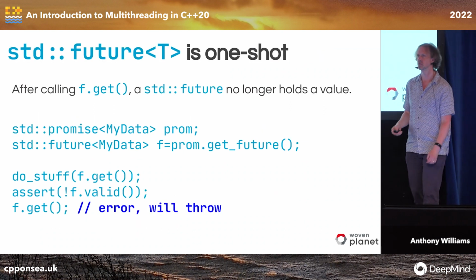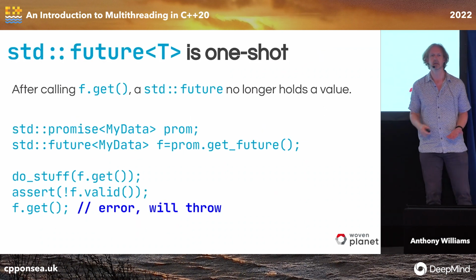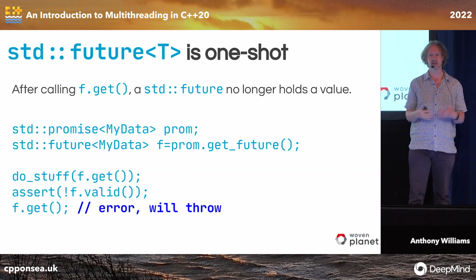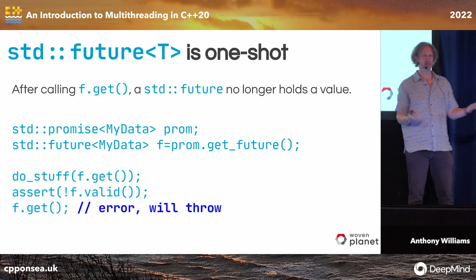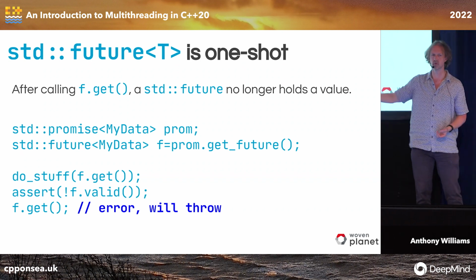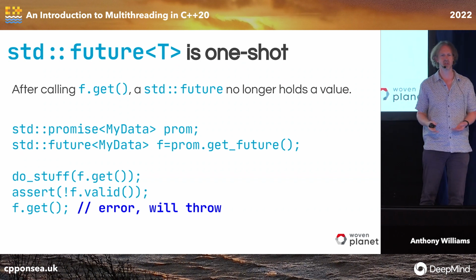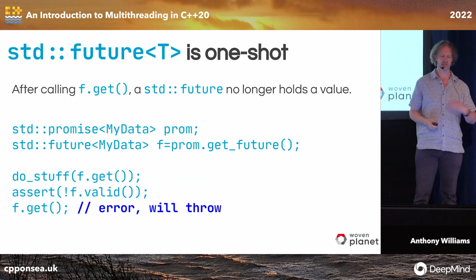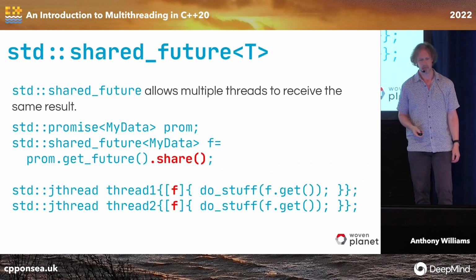It's one shot, so you can't use it again. If you used a future channel once, then it's now done. It gave you the data. It's now not valid anymore. And if you try and call get a second time, it will throw not whatever stored exception there was, but an exception to indicate that it was an invalid future.